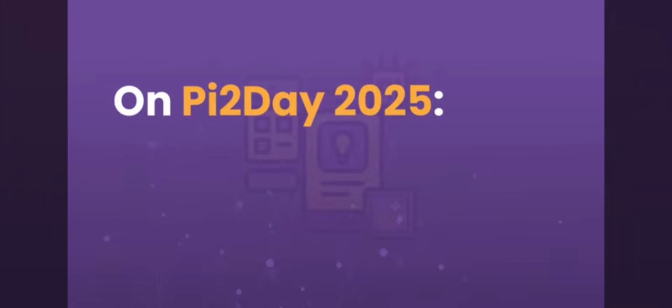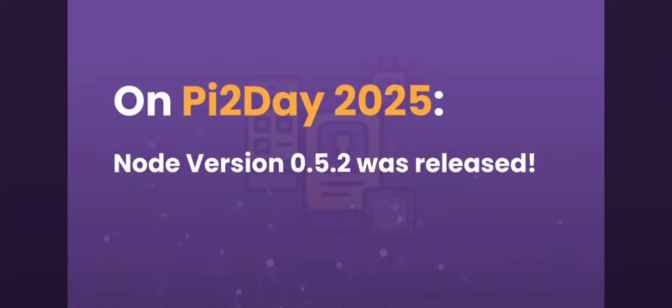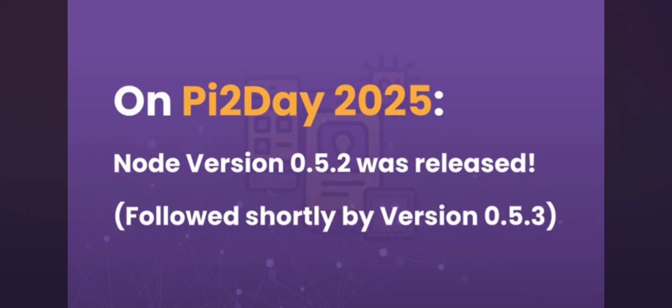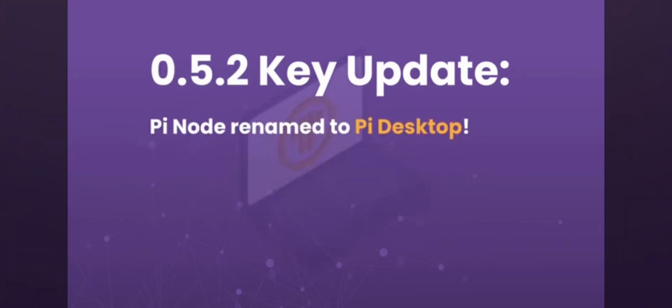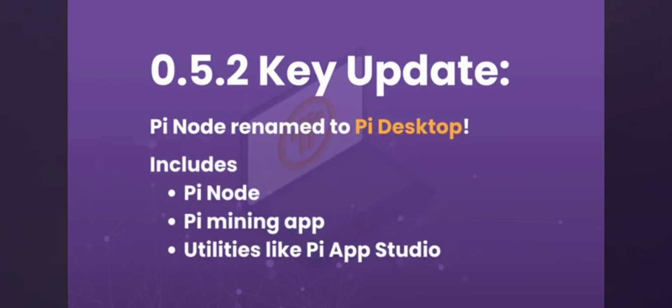On Pi2Day 2025, Node version 0.5.2 was released, followed shortly by version 0.5.3, which fixed a few bugs for new users. One key update from version 0.5.2 was that the Pi Node app has been renamed to Pi Desktop and includes the Node Pi mining app and access to even more utilities like the Pi App Studio.